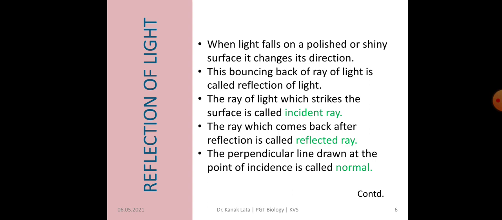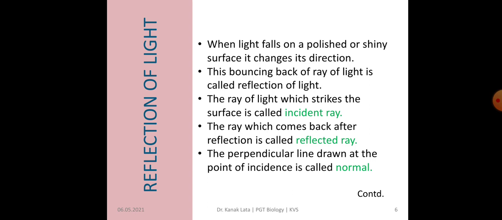Now the next topic is reflection of light. When any ray of light falls on a shiny or polished surface, then it changes its direction. This bouncing back of a ray of light is called reflection of light.